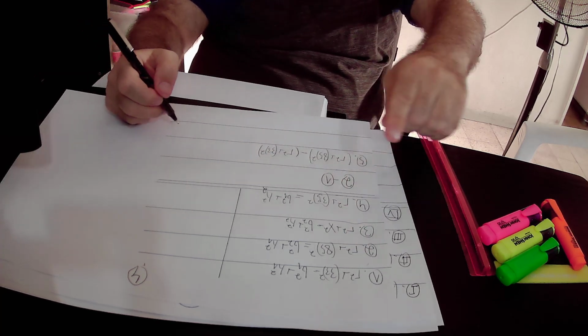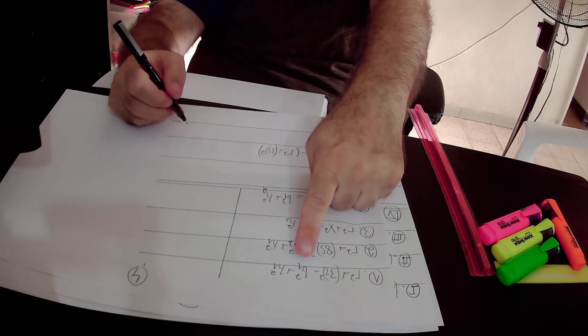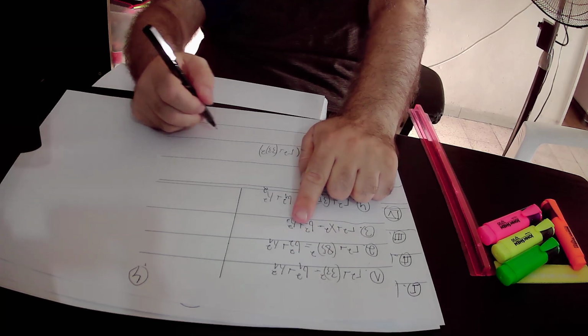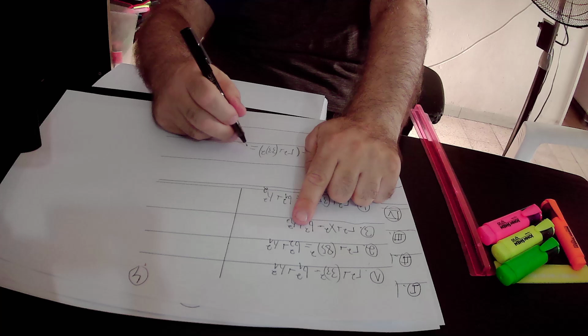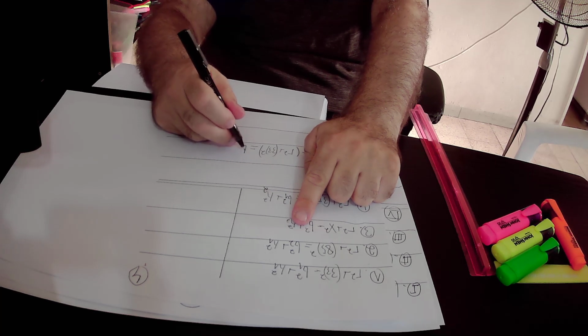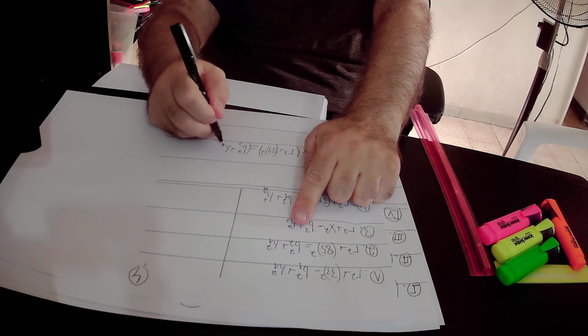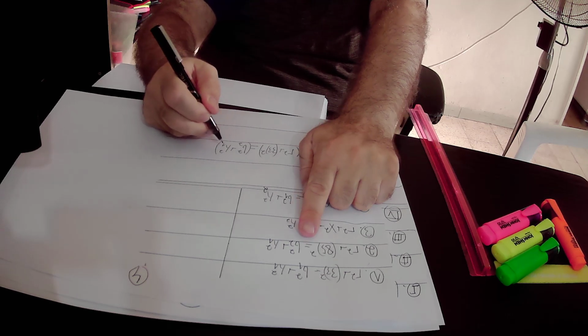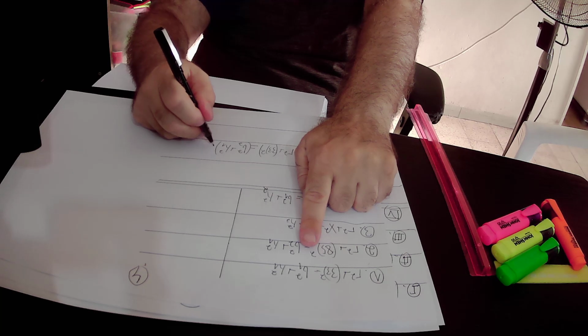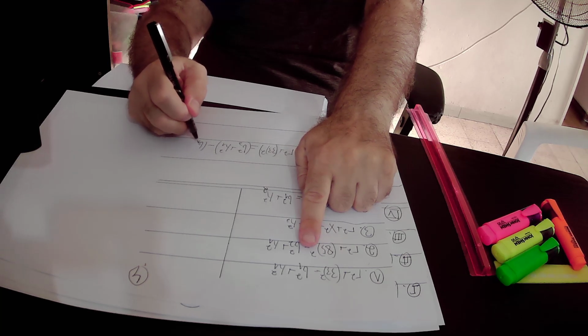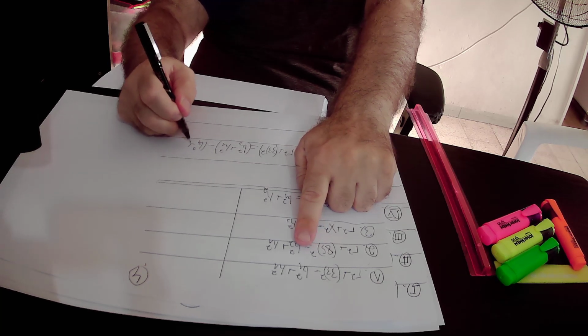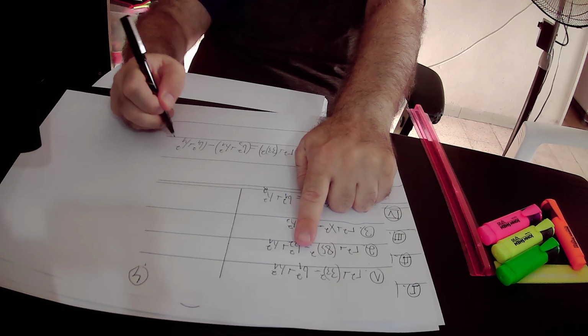Then we subtract this side of equation number 2 from this side of equation number 1. In this side of equation number 2 we have B2 square plus H1 square. Also equation number 1, it is minus B1 square plus H1 square.